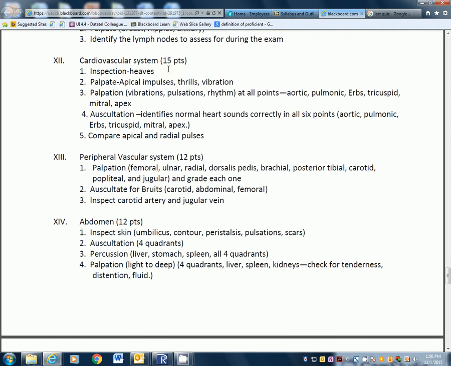Then you would do palpation again at all points. This time you're going to be palpating at the aortic, the pulmonic, Erb's point, the tricuspid, the mitral, and the apex. Especially the aortic, pulmonic, Erb's, tricuspid, and mitral.